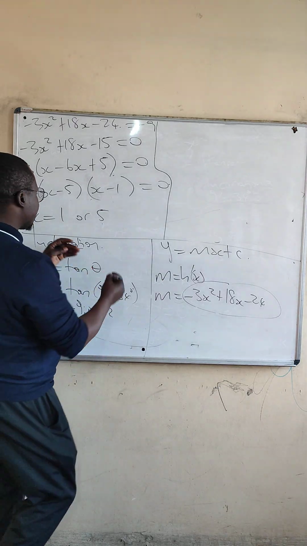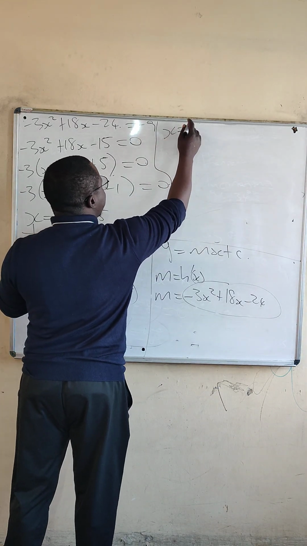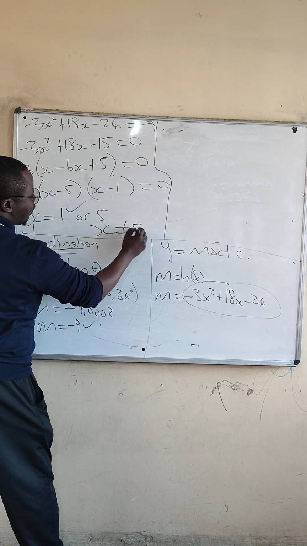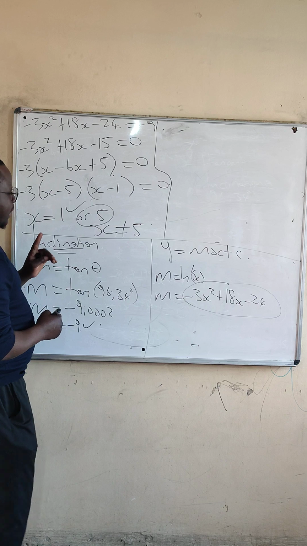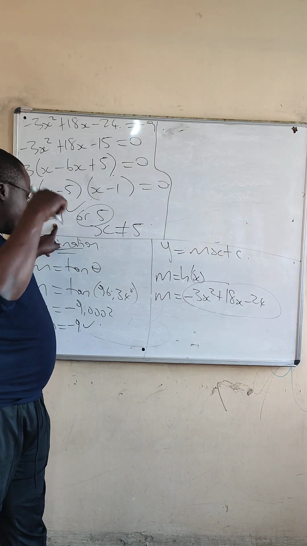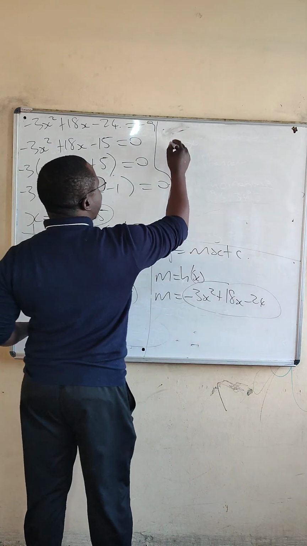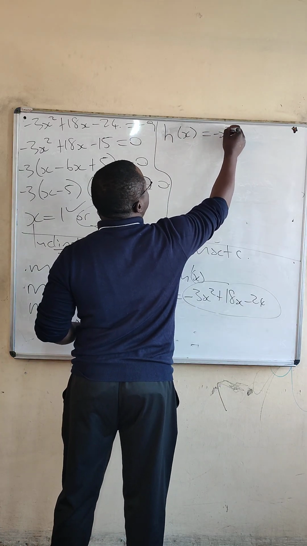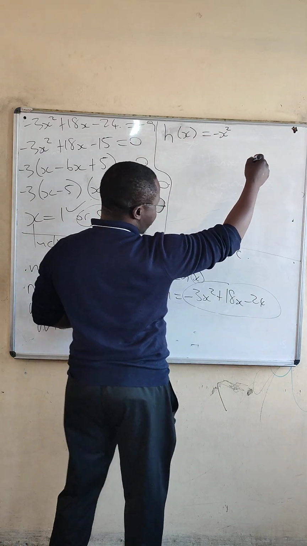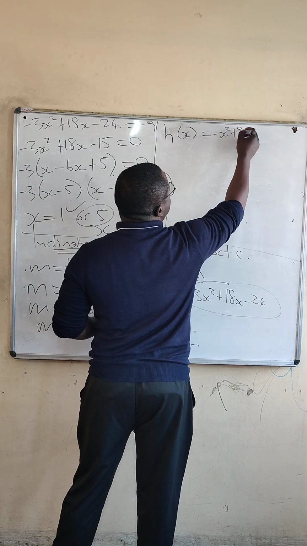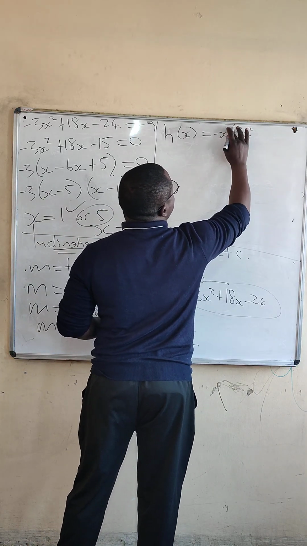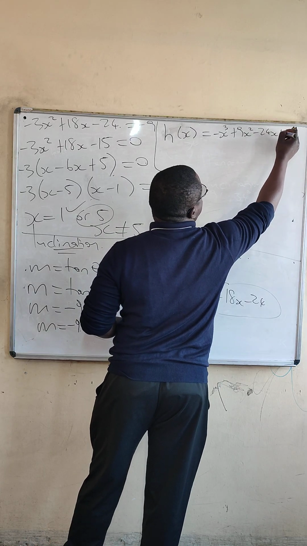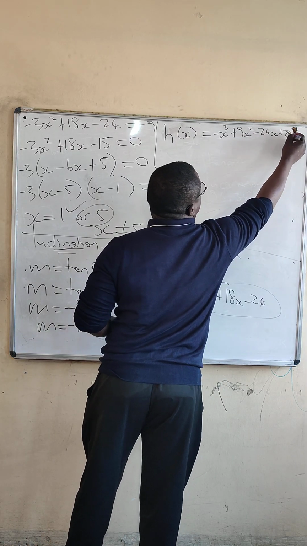Let's find the y value. So our x is equal to 1. We reject x is not equal to 5. Let's substitute this one into the original. What was our original? Our original was h of x equals negative x cubed plus 9x squared minus 24x, and then plus 20.